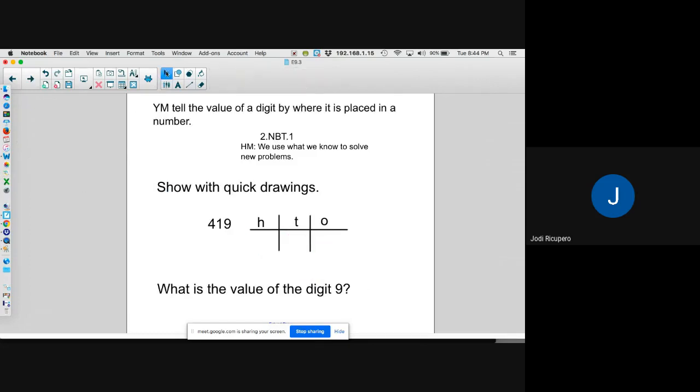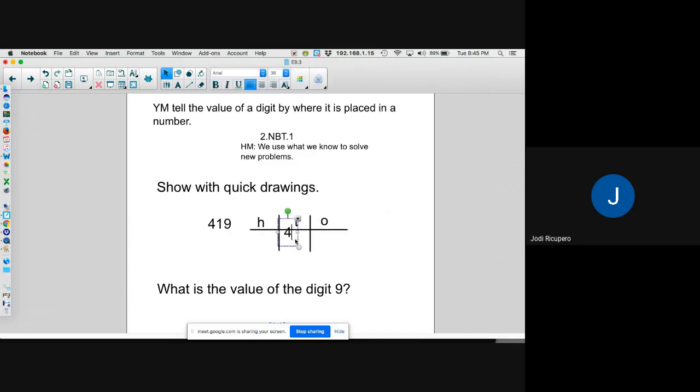Write this number inside the place value chart. What is the value of the digit 9? Okay, so I'm going to write the number inside the chart.